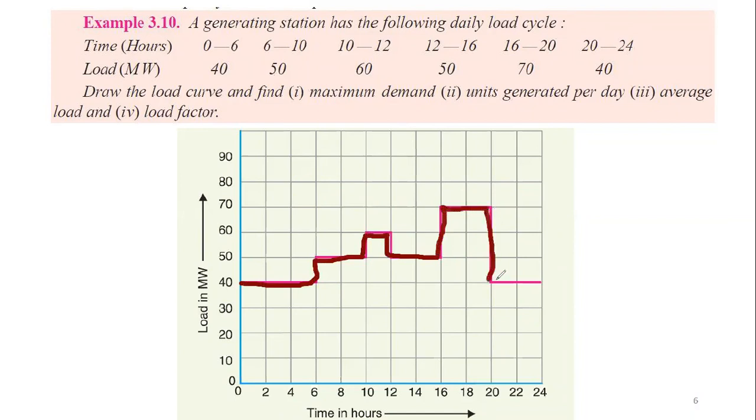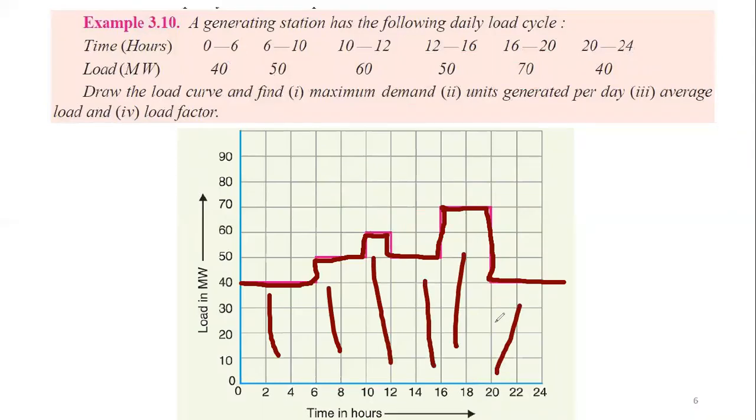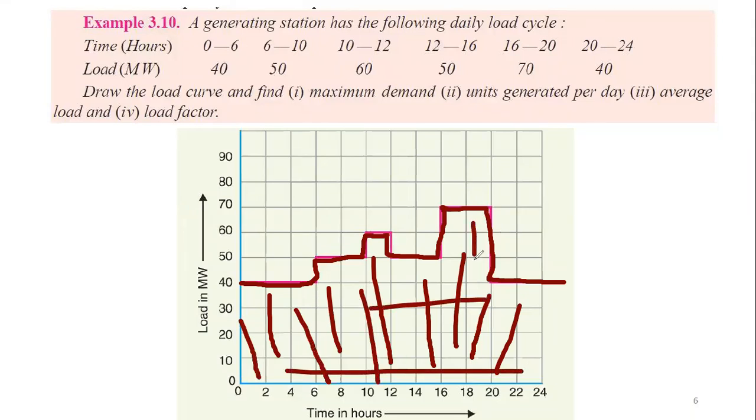The whole area under this load curve is the units generated per day. So we need to find out the area under this load curve. How can we find it out?